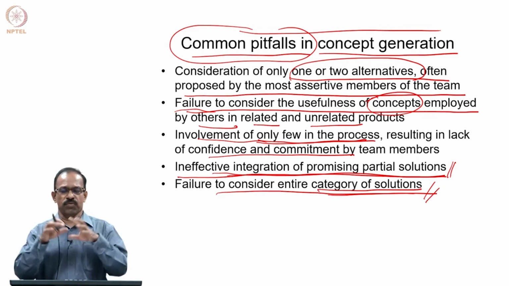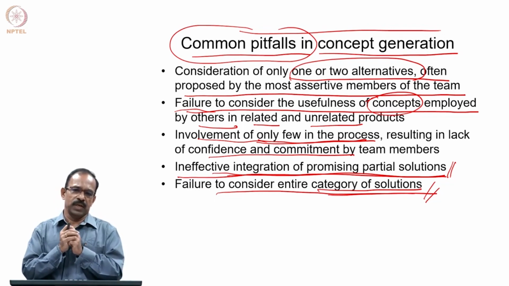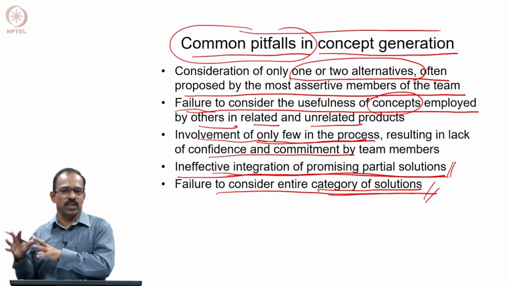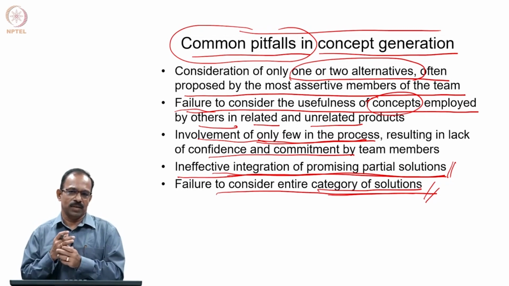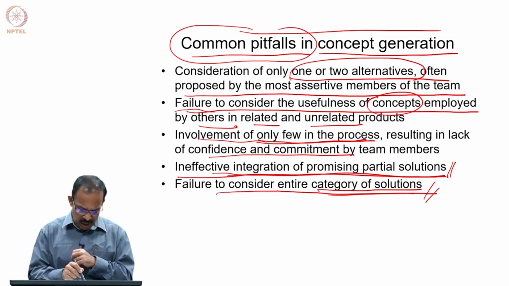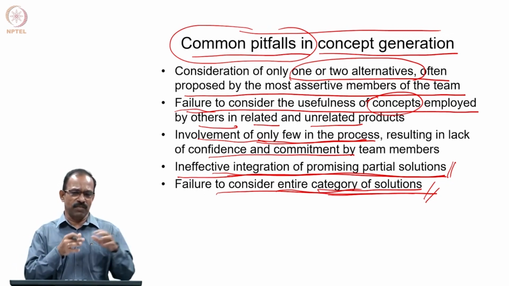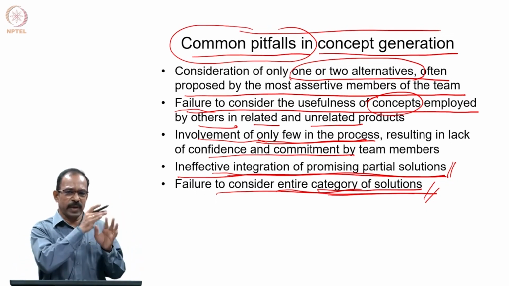For example, some of the solutions may be based on chemical processing, some of them may come from electronics-based features. So, all these domains need to be properly understood, and we need to consider all categories of solution. It is not that if I am a mechanical engineer, I will have a bias towards mechanical solutions.